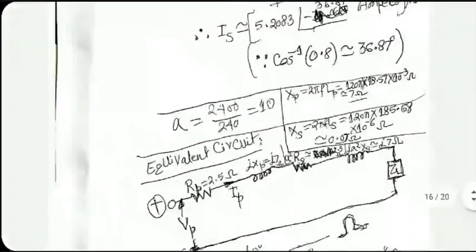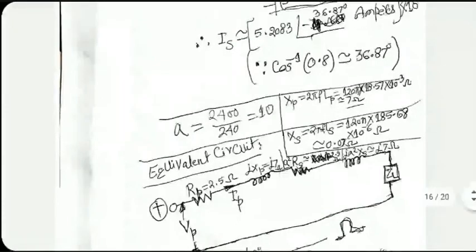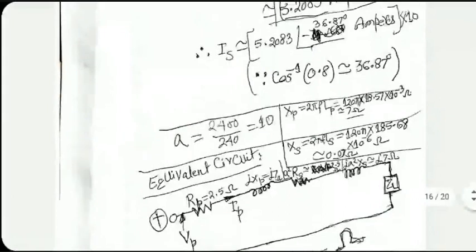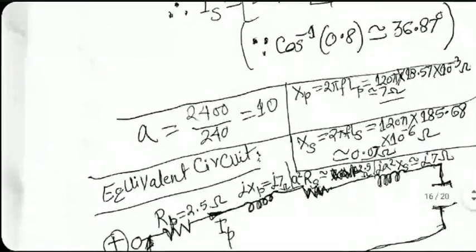So in the equivalent circuit, you will show primary core losses are 0, so ignore the parallel part completely. You will show RP, which is given as 2.5 ohm. jXP is the impedance of the inductance, so it is almost j7 ohm. Then A square RS. Don't forget A square in transferring RS from secondary to primary.